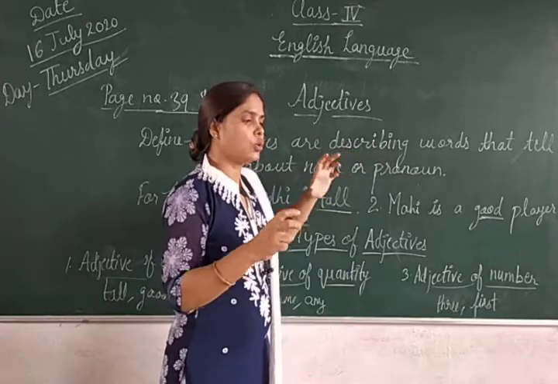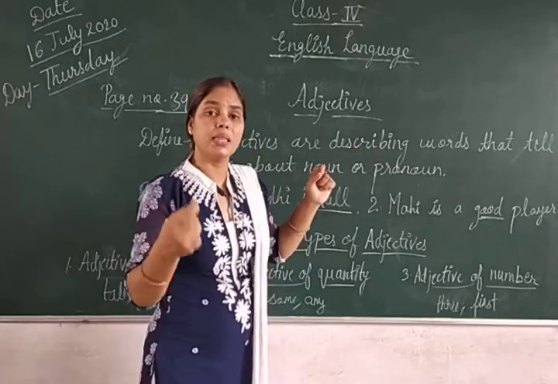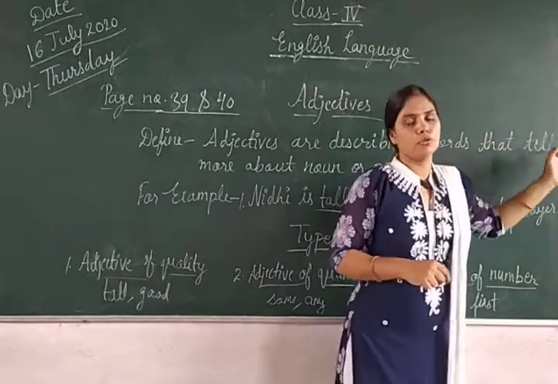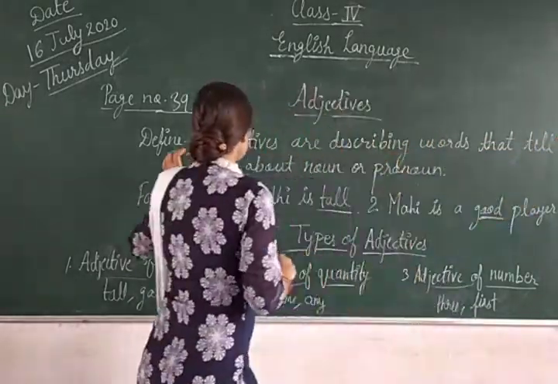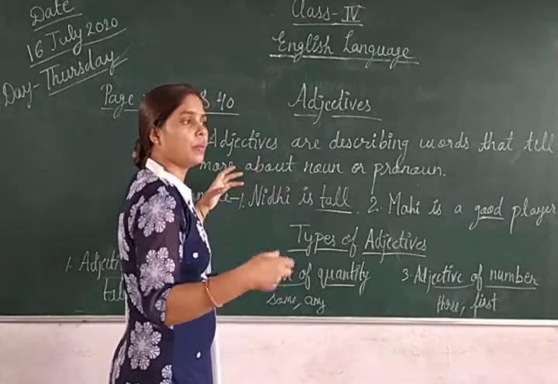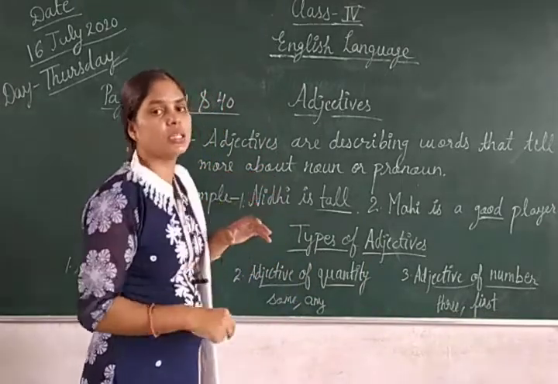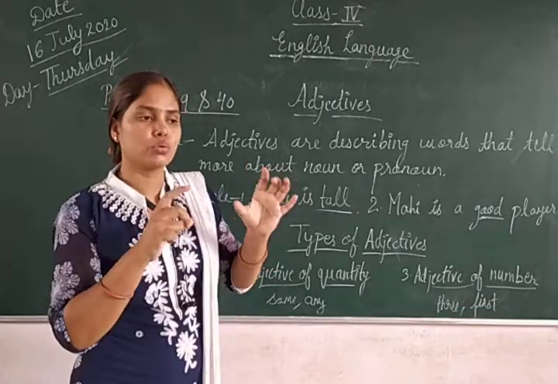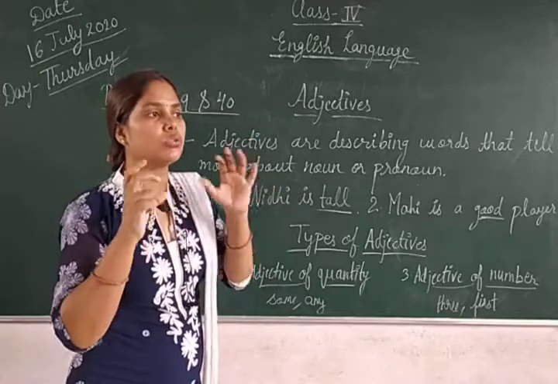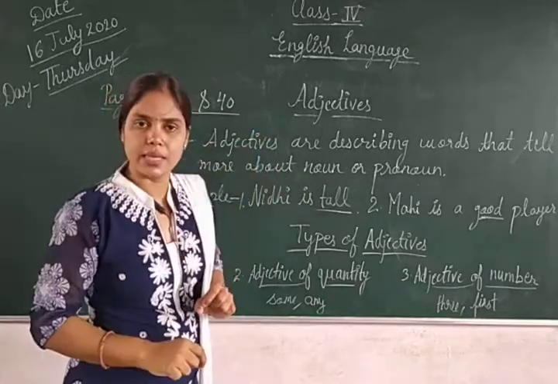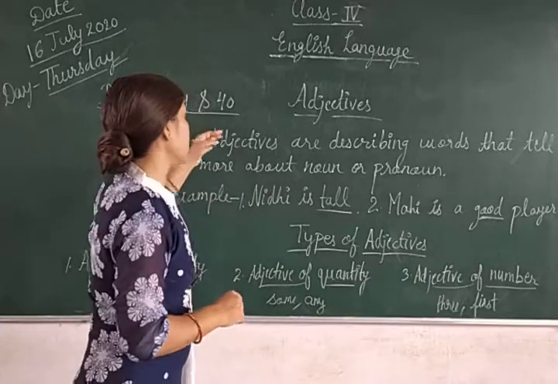Describing मतलब किसी को describe कर रहे हैं, उसके बारे में बता रहे हैं, ठीक है? तो describing words that tell us about, जो हमें बताते हैं more about noun और pronoun. Noun और pronoun के बारे में हमें और ज़्यादा information देते हैं, ठीक है? तो these are the describing words. वो उसको describe कर रहे हैं person को, उस noun को, pronoun को, कि what kind of that person is. Okay, so that is called adjective.